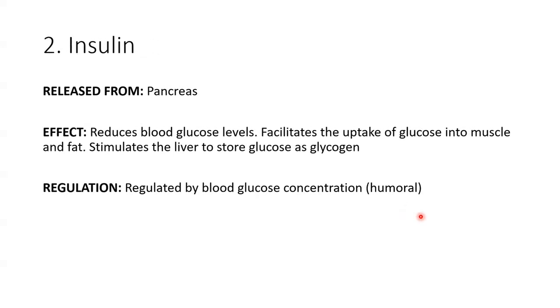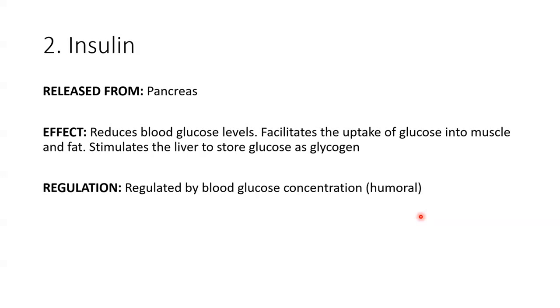Opposing the action of glucagon then is insulin. High blood glucose concentration stimulates the secretion of insulin by the beta cells of the pancreas. Insulin acts on various cells in the body to accelerate the diffusion of glucose into the cells, as well as speed up the conversion of glucose into glycogen, which is our stored form of glucose.